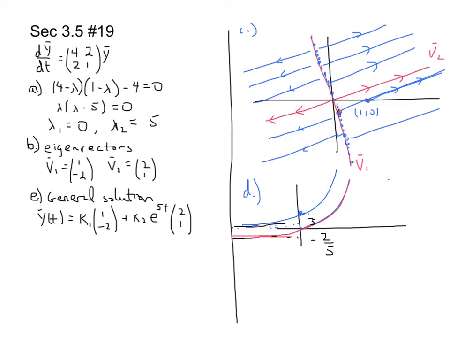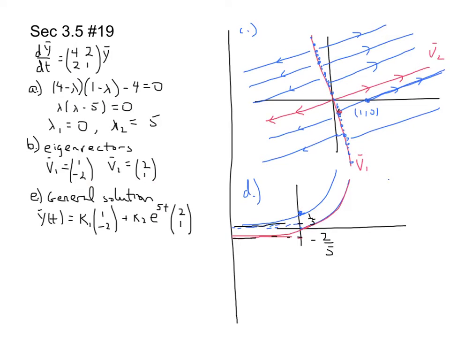And the reason for that is we have two perpendicular lines, the (2, 1) direction and the (1, -2) direction are perpendicular to each other.